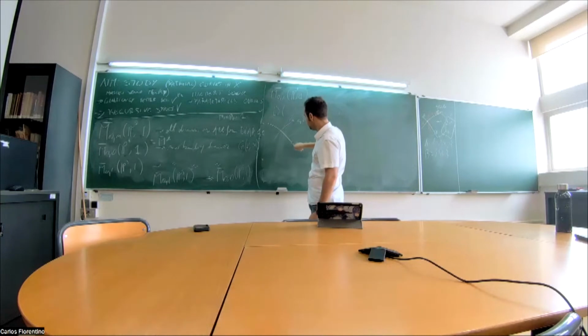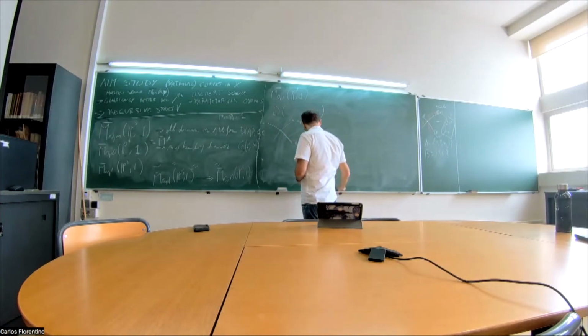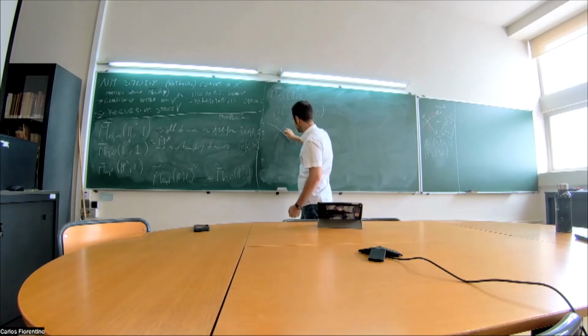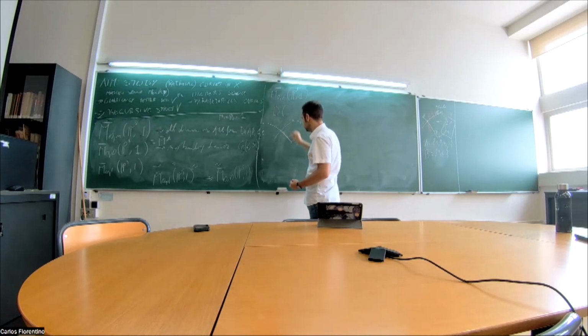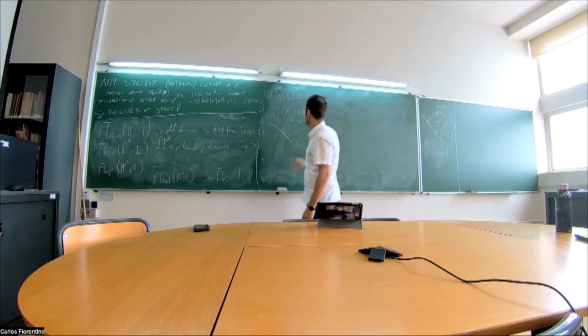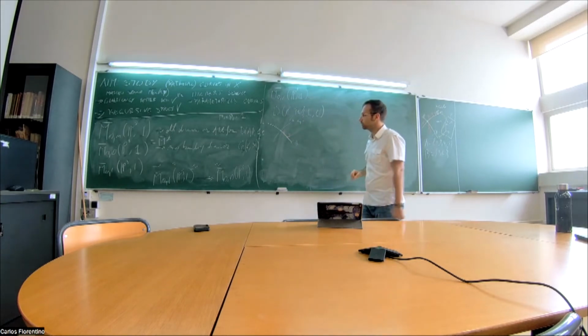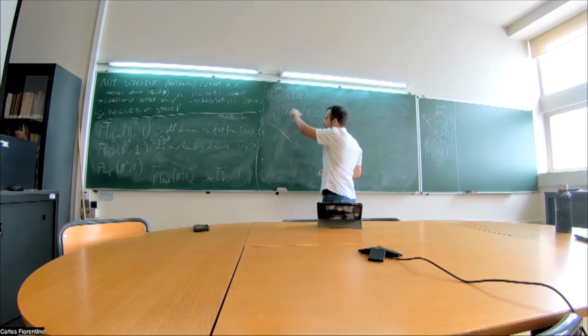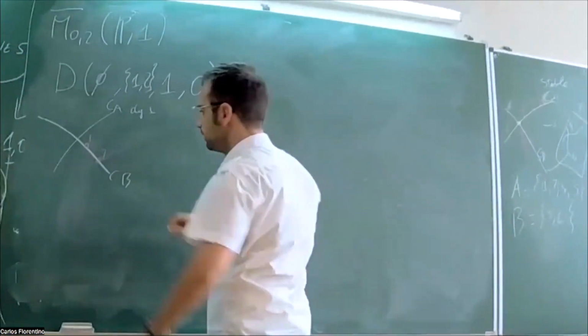But if CB is of degree 0, I have 2 marks here. I must have at least 2 marks, but I have exactly 2 marks. So beta is 1, 2, and A is X.